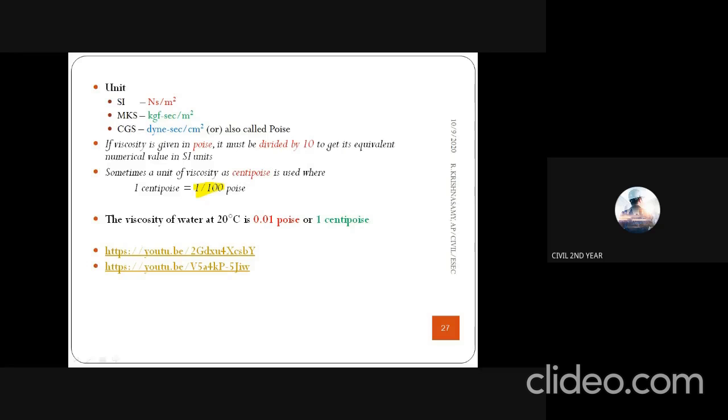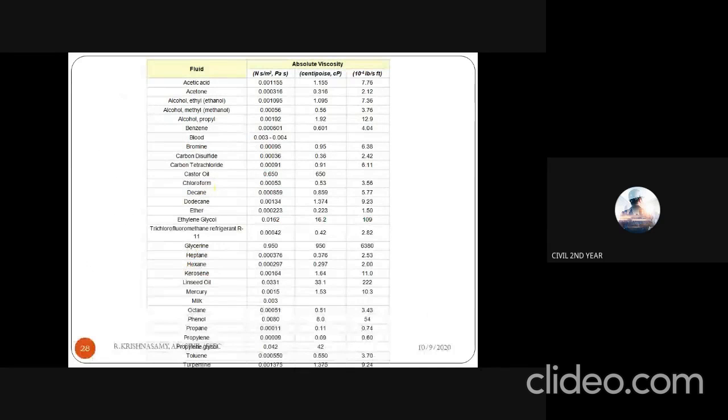These are the technical terms, units and values you have to know for GATE preparation. That's why I highlighted some of these points. Everything you have to note down, so then it will be easy to understand and keep in mind. This is the table showing the viscosity values for different fluids.